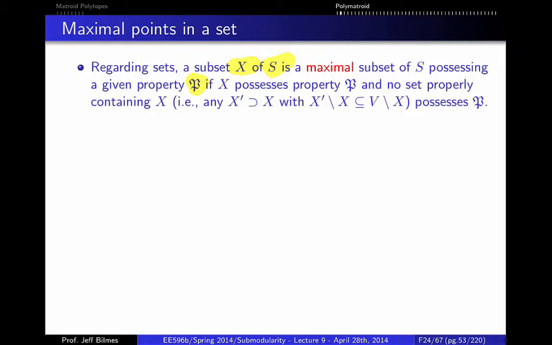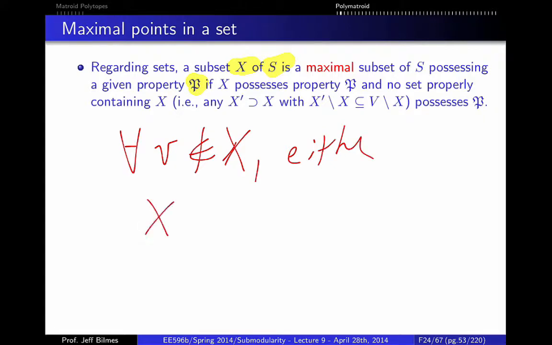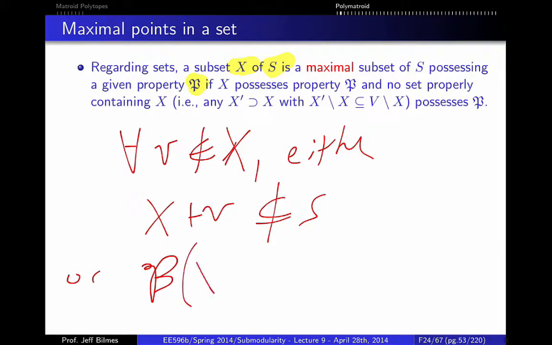So what we can say is that for all v not in X, either X plus v is not a subset of S, or this property P is equal to false. Right? Okay, everybody got it? Maximal?